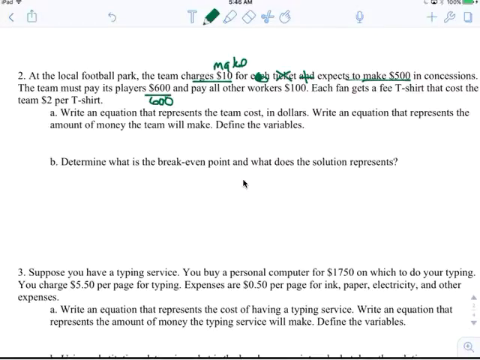So they pay all the players in total $600 and pay all other workers this much. So this is all cost. Okay, these are all cost. I'll do this. Put cost underneath because the number is already there.